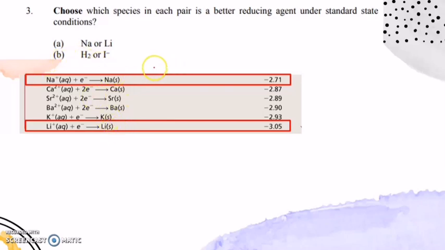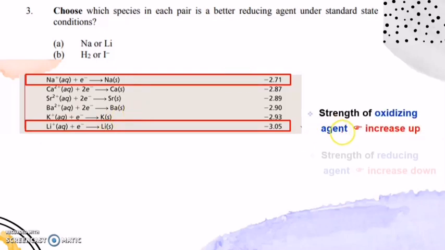In the standard reduction potential, you refer to the reduction of Na plus to Na and Li plus to lithium. The strength of the oxidizing agent increases up, while the strength of the reducing agent increases down. By referring to these two values, we can see that lithium has a more negative value, so it is the better reducing agent compared to sodium.